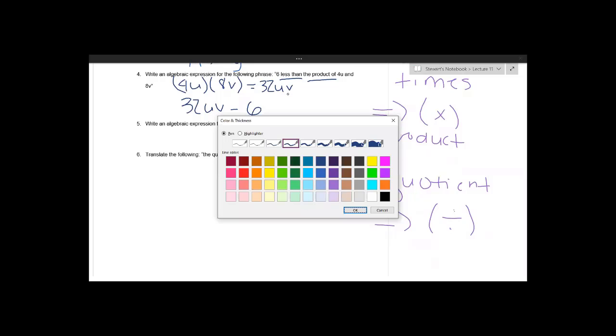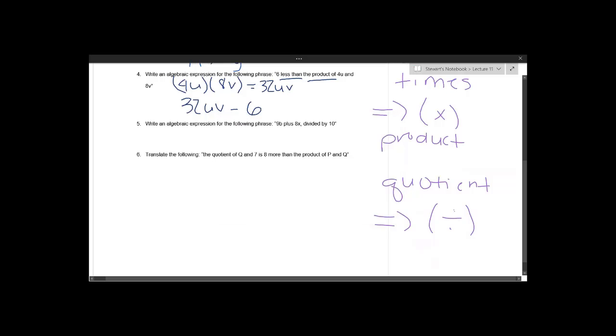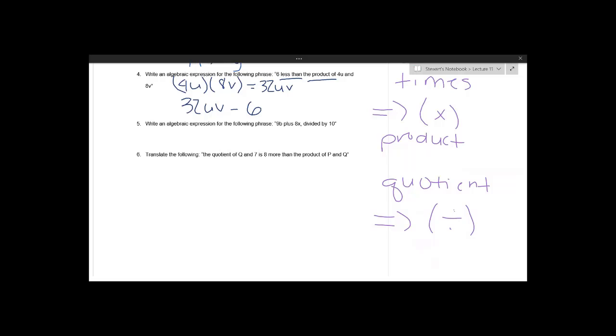And product means that whatever two or more words or phrases follow that, you'd have to consider them being multiplied together. Here it says product, and then it says 4u and 8v, so we have to consider those two things multiplied together. Okay. Write an algebraic expression for the following phrase: 9b plus 8x, comma, divided by 10.